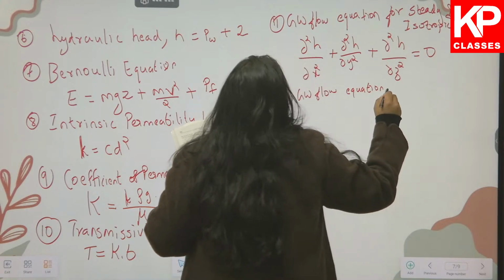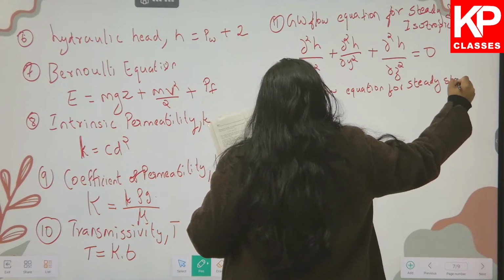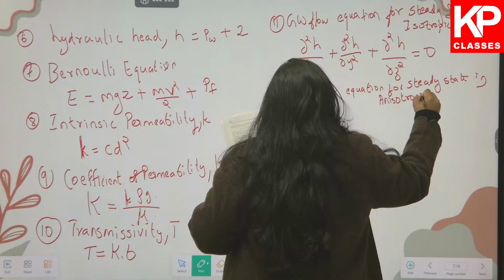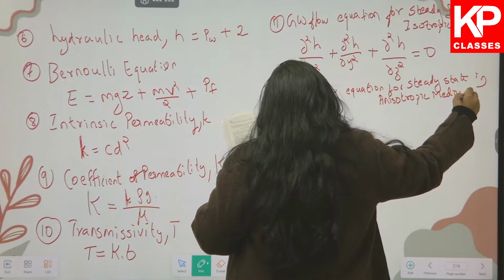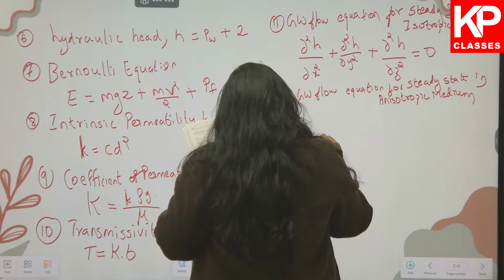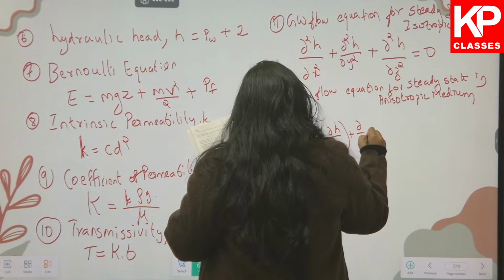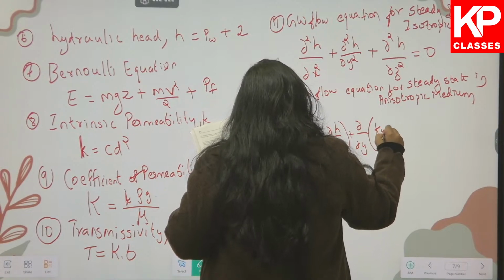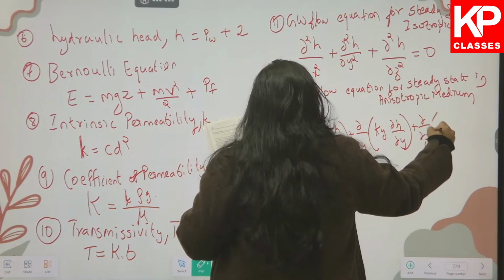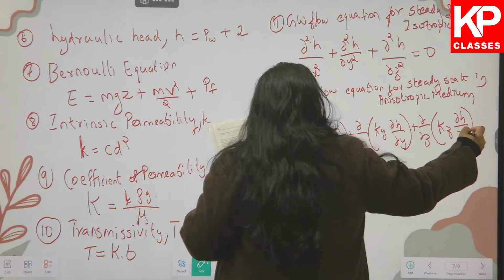Then the groundwater flow equation for steady state in an anisotropic medium is equal to del by del x of hydraulic conductivity Kx del h by del x plus del by del y of Ky del h by del y plus del by del z of Kz del h by del z is equal to 0.